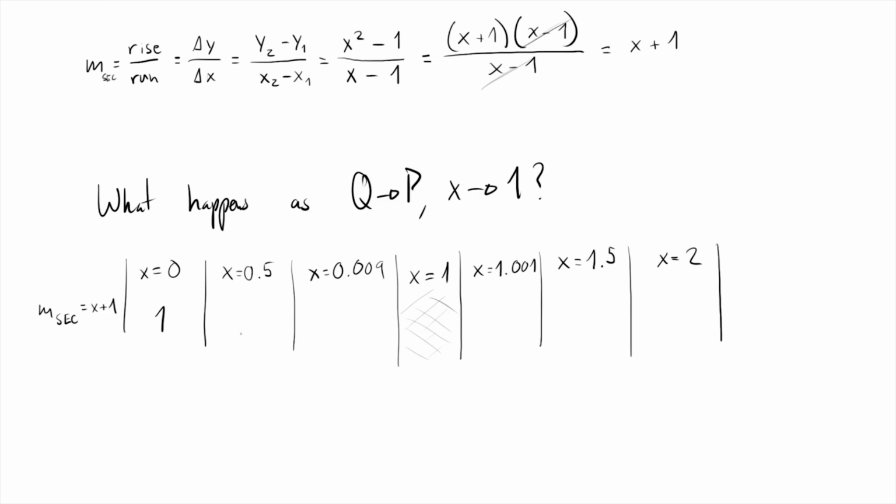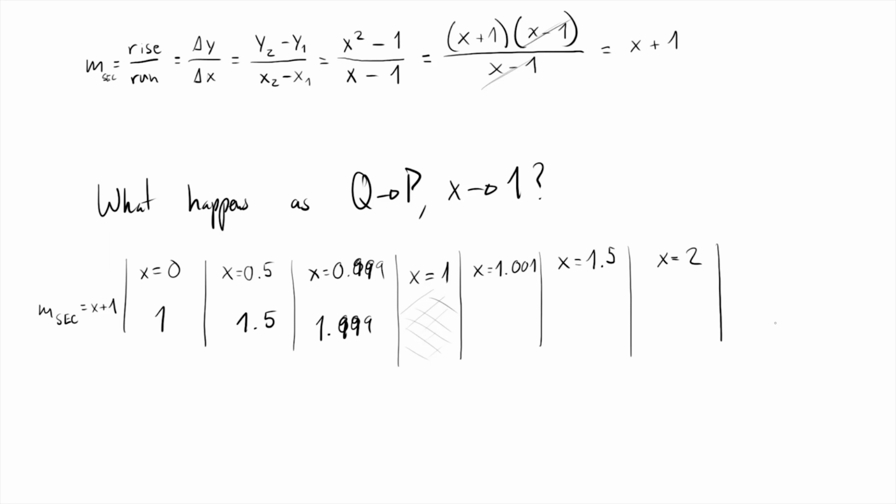When x is 0.5, we get 1.5. When x is 0.999, we get 1.999.